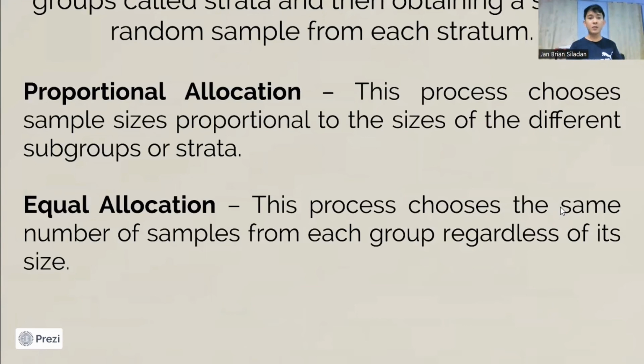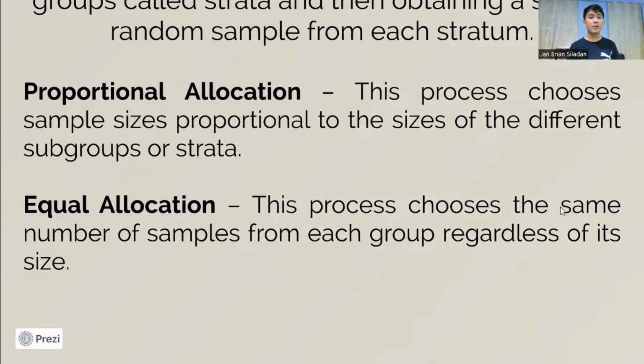This process chooses sample sizes proportional to the sizes of the different subgroups or strata. So the sample sizes you're going to take are similar to the strata you have divided the whole population into. Well, the equal allocation: this process chooses the same number of samples from each group regardless of its size. Let me correct myself.